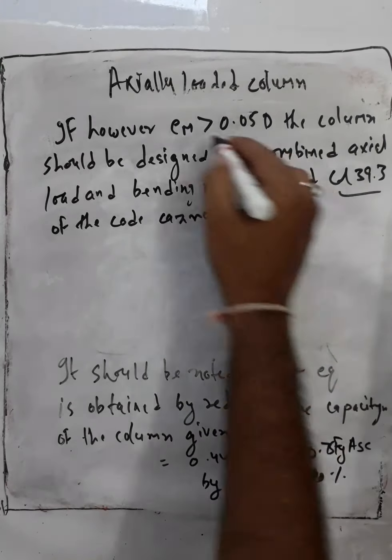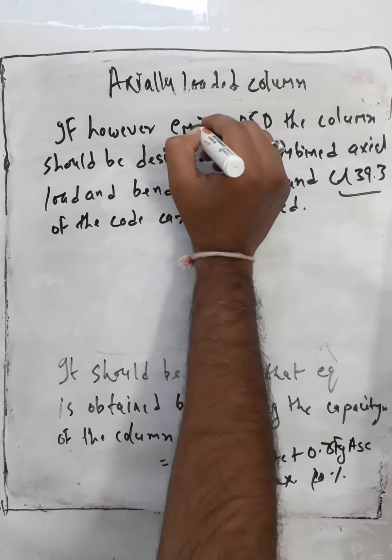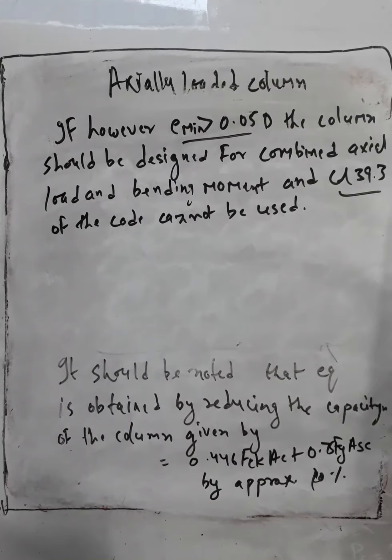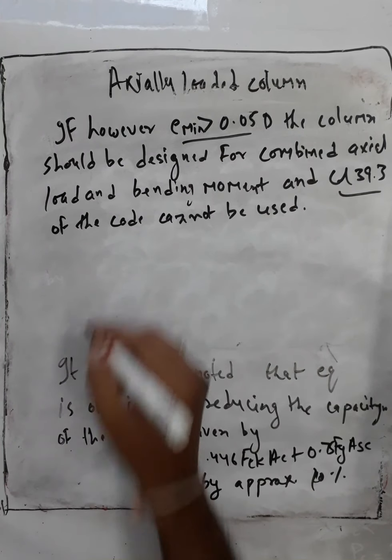Okay, so you remember this point. If we get E minimum greater than 0.05 D, then we do not use clause number 39.3.